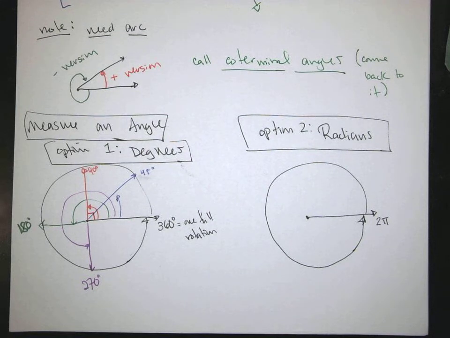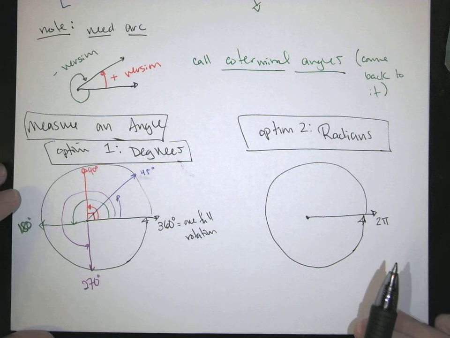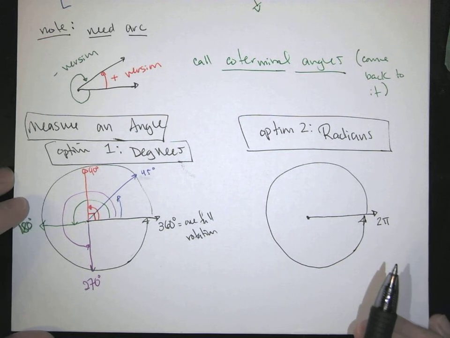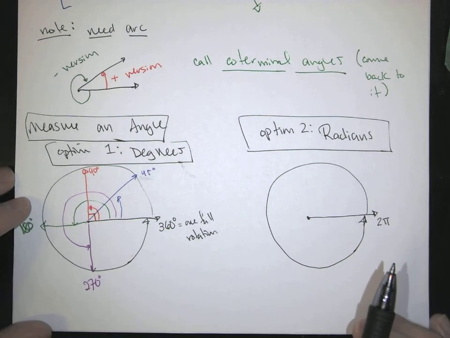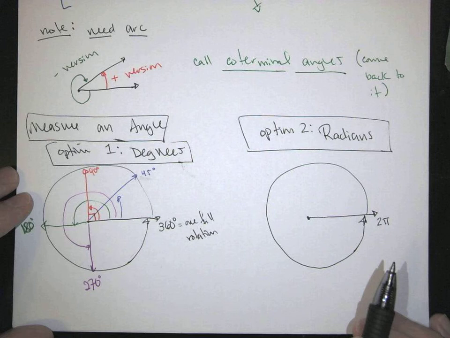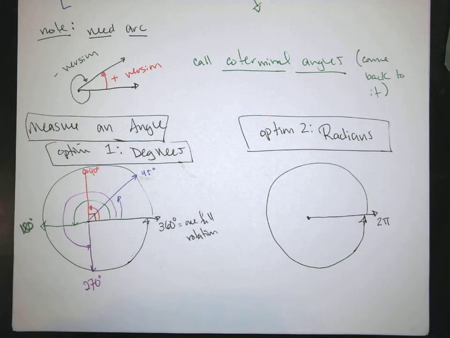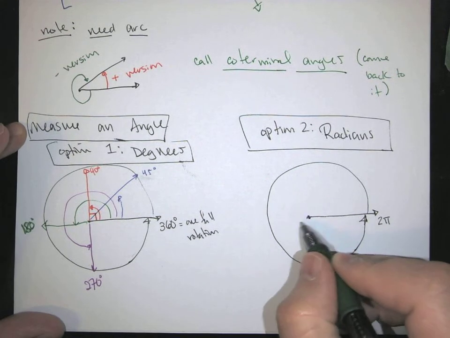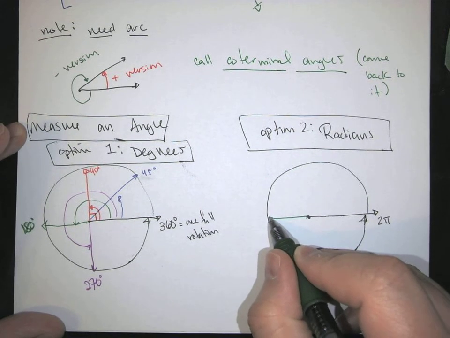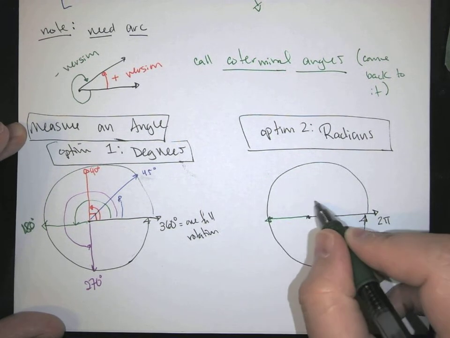So radians, in some sense, are syncing up with the distance around the edge of a circle that has radius 1. But the important thing is we're not really thinking of this in terms of units. What would be the equivalent of 180 degrees, the angle that goes straight across?